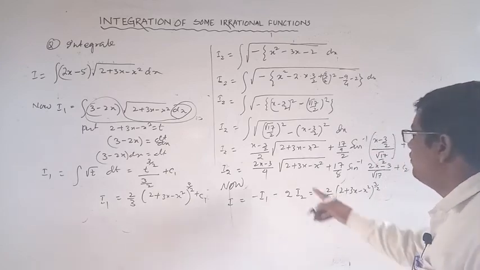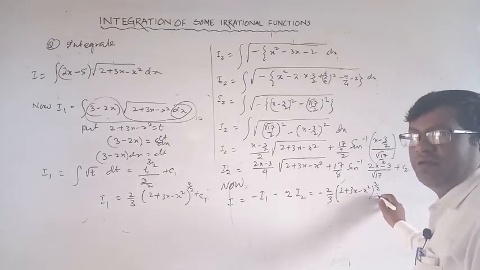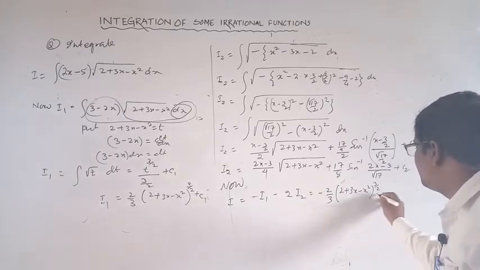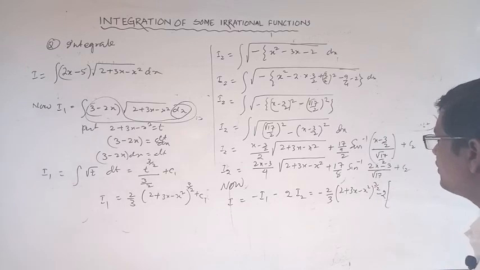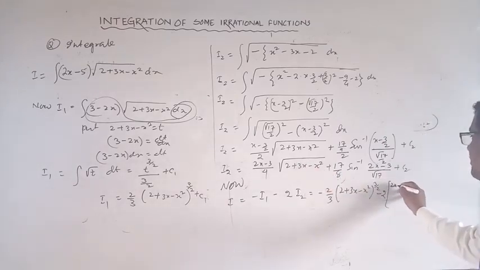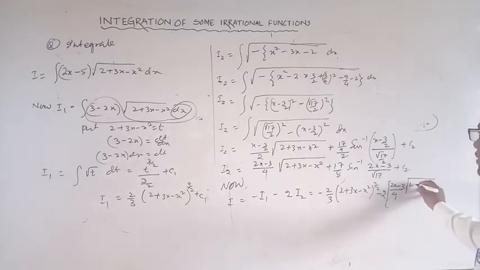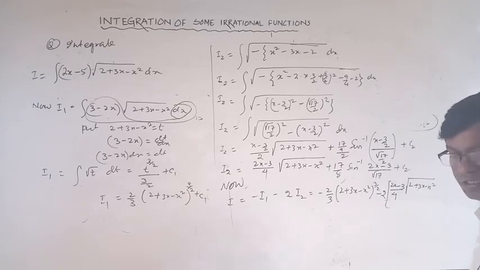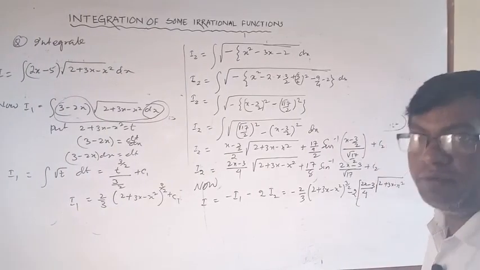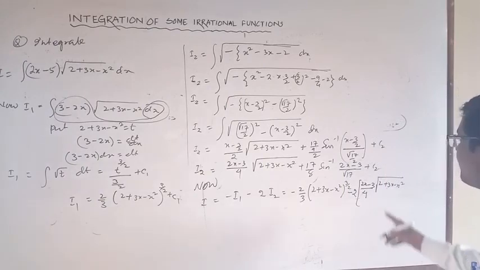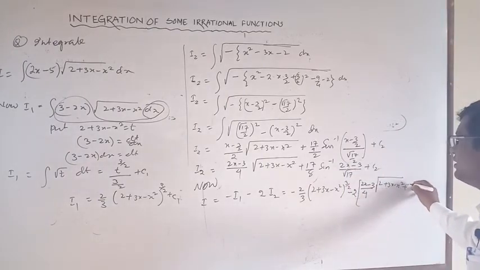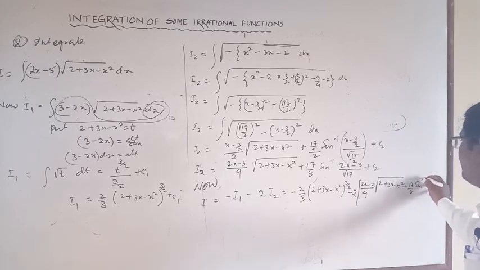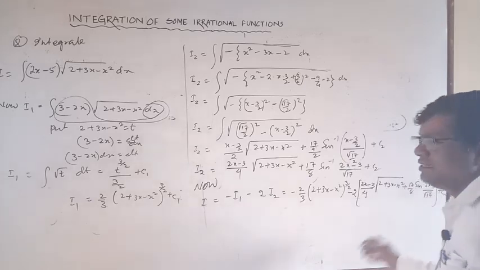Minus 2 into this factor I2: (2x minus 3) divided by 4 root over 2 plus 3x minus x square, plus this amount, 17 by 8 sine inverse (2x minus 3) by root 17, plus c. This is the answer.